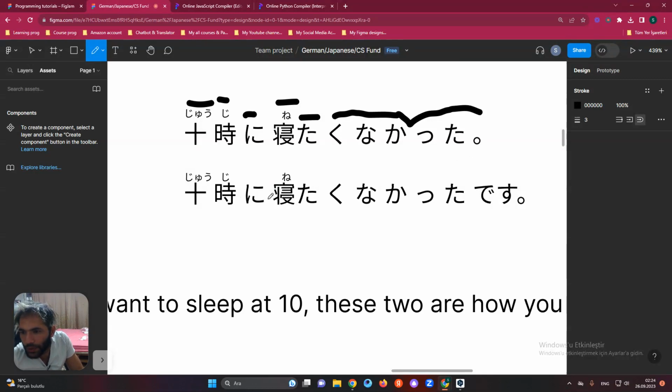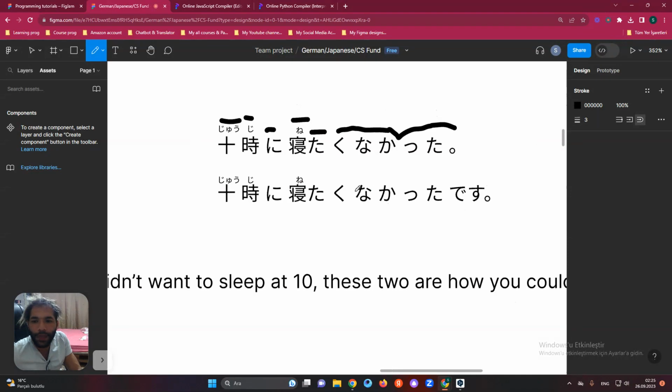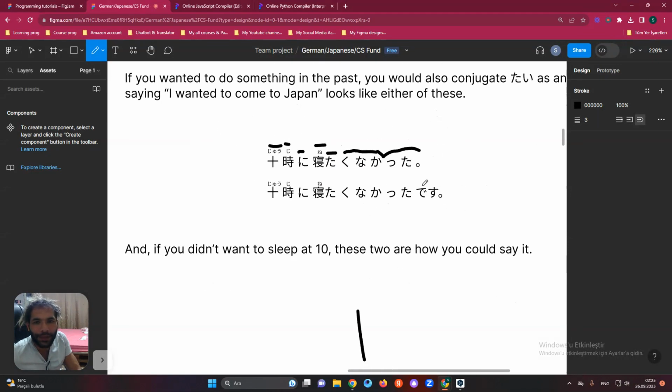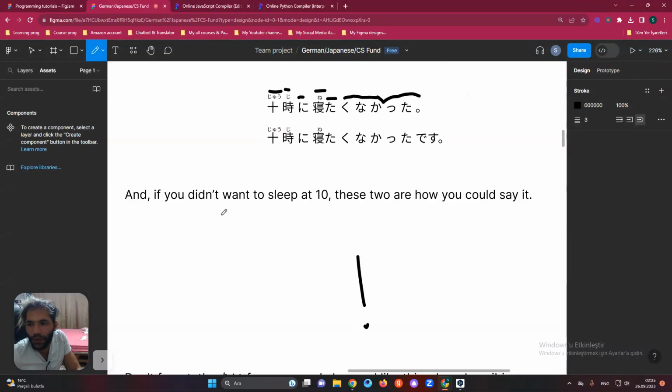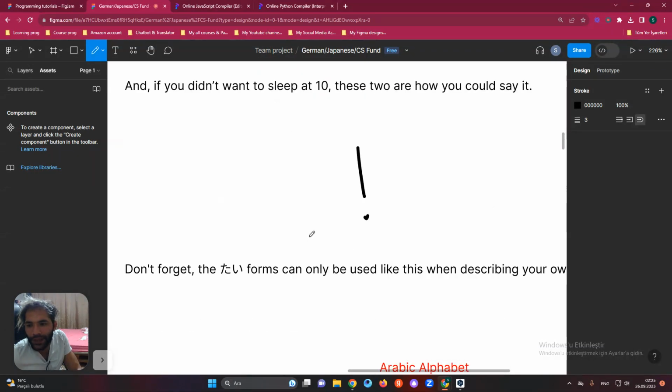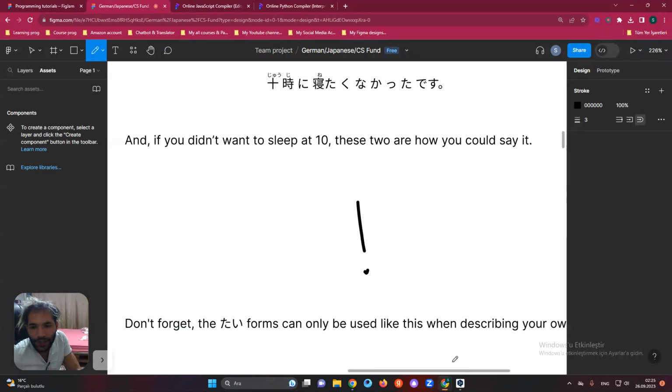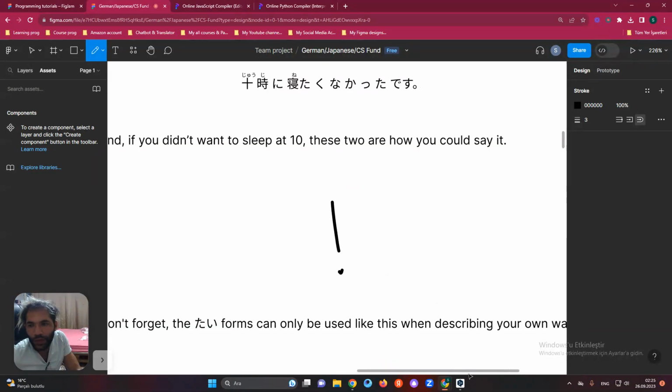And the second one, juji ni netakunakatta desu. It means I don't want to sleep at 10 o'clock in another polite way. And if you didn't want to sleep at 10, you could say this. Don't forget the time forms can only be used like this when describing your own feelings.